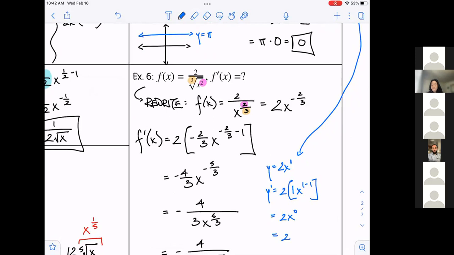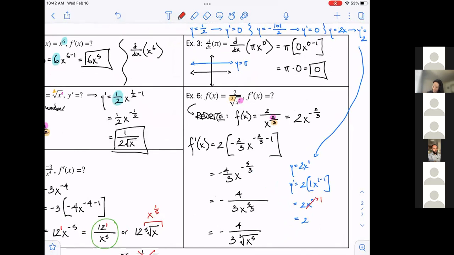But isn't anything to the 0 exponent 0? No, anything to the 0 exponent is 1. Oh, okay. Good. That's where I was confused then. Okay. Yeah, that's why we were able to sneak in this x to the 0 here. Because it's 2 times 1, and our way of saying 1 is x to the 0.